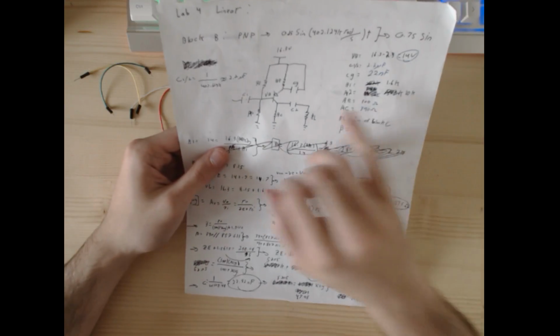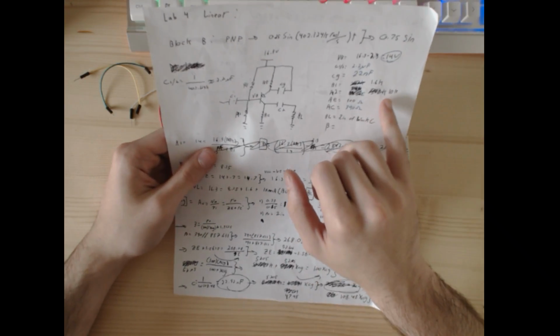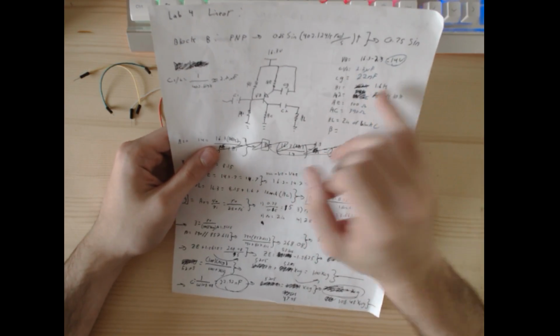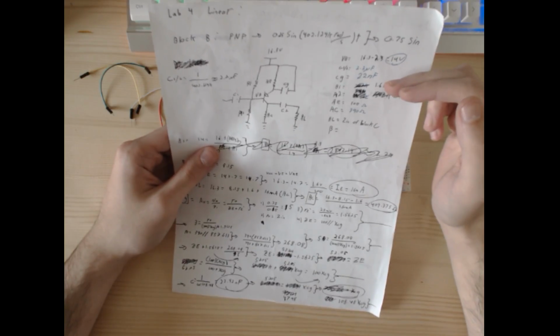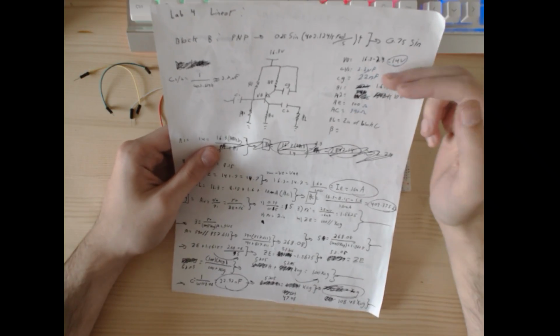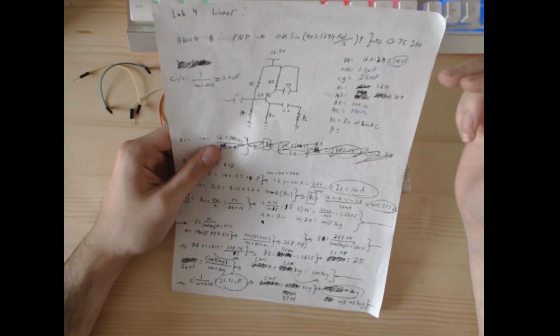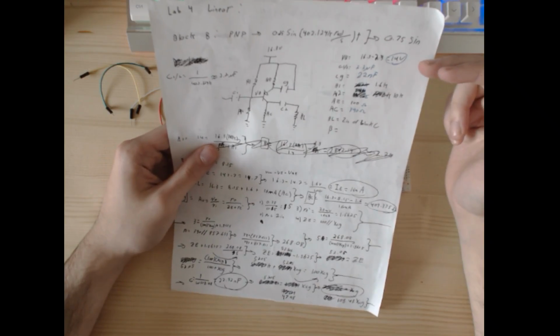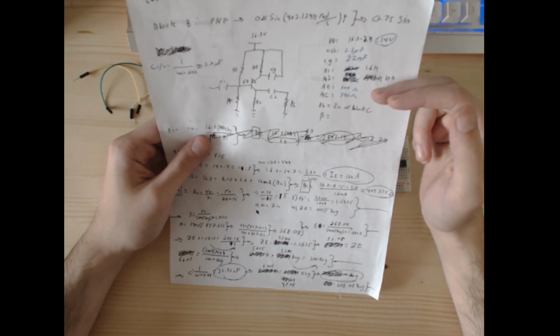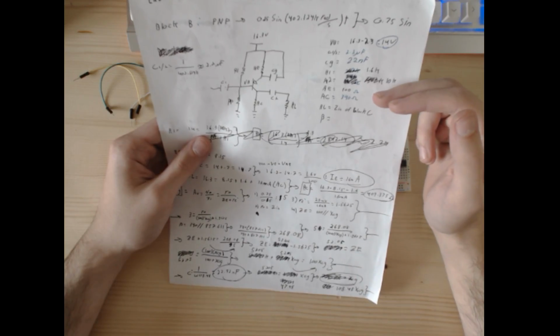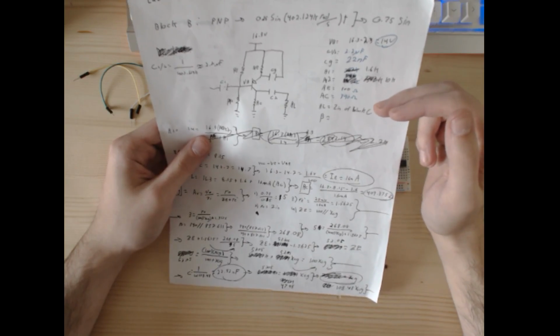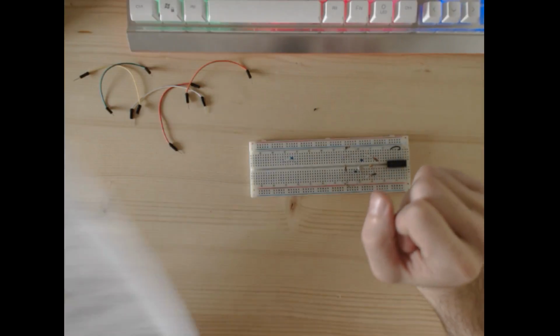So what we need is a 10K, a 1.6K. We have a 22 nanofarad. I need another 2.2 microfarad and a 16 volt source, a 100 ohm resistor, 390 ohm resistor, and then we'll be able to measure the current.